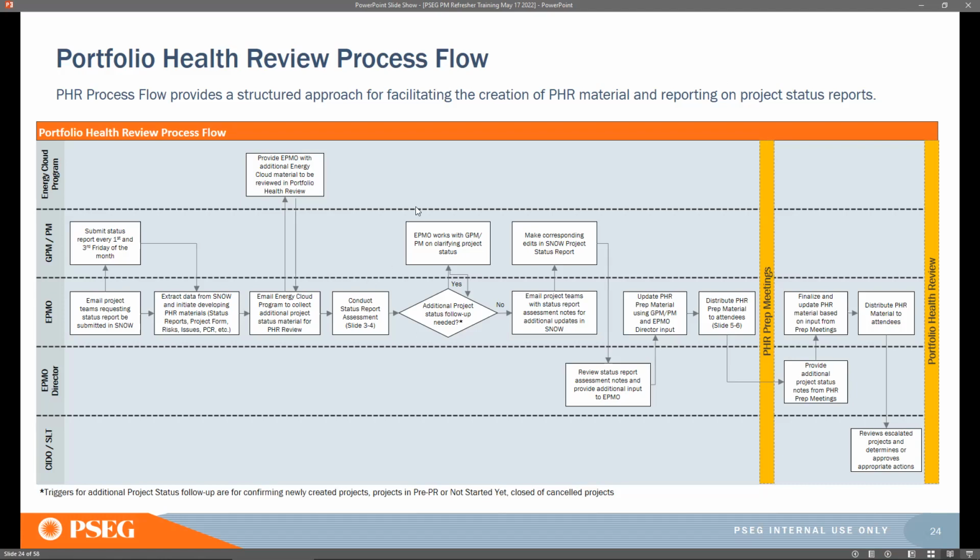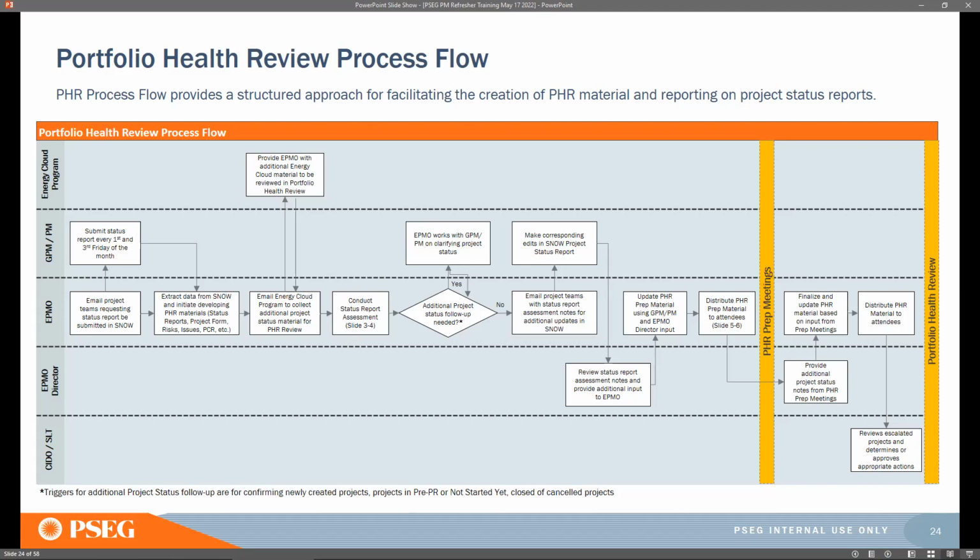We conduct the pre-PHR meeting with PM and GPM to get more insight about the projects, and you get invites for those meetings as well. We send the pre-PHR decks to make sure everything looks fine for the final PHR meeting, which generally happens on the third Thursday of every month.